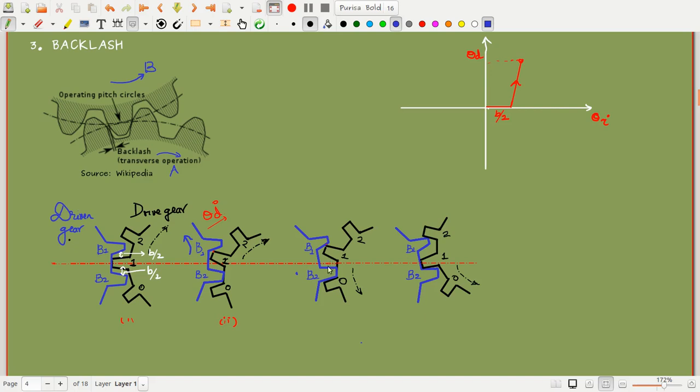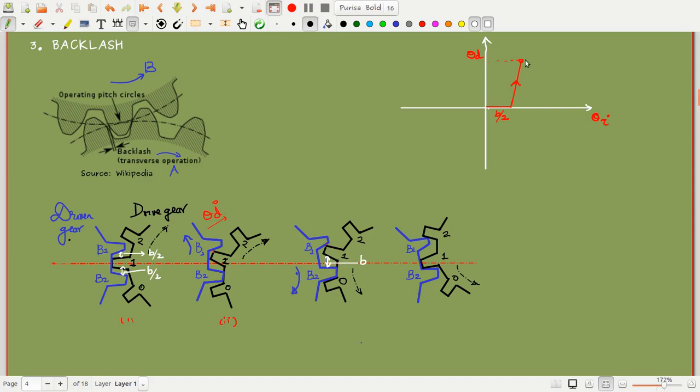When the drive gear rotates in the anti-clockwise direction, it initiates rotation for the driven gear in the clockwise direction. Now how much distance does it have to move? This was B by 2, this was B by 2. So the total distance is B, so as to go and hit B2.